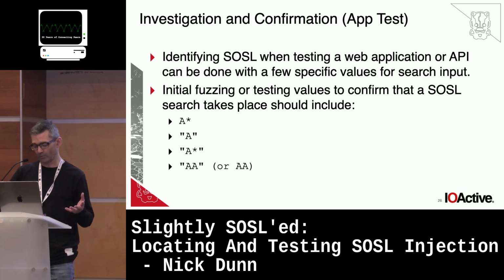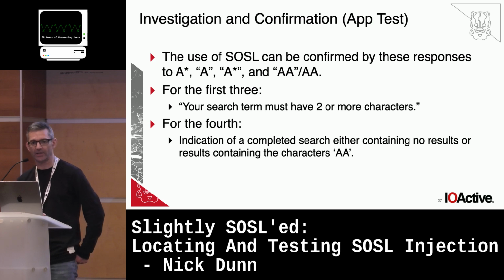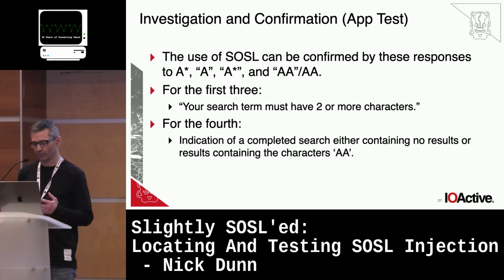Those three there, and well, 4 when used. For the first 3, you'll always get the same error message, which would indicate that the search API or the web application that you're testing is using SOSL and not SOQL. Just to explain, it says you must have 2 or more characters, even if you've put A asterisk or A asterisk in quotes.